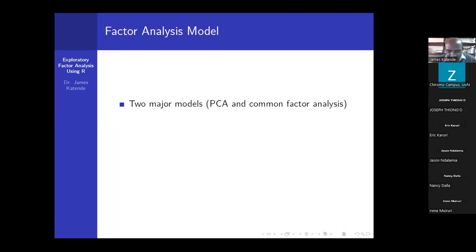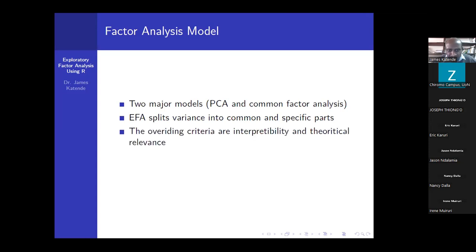So we also mentioned the two major models, the principal components analysis approach and the common factor analysis approach. We had already said that the EFA will split the variance into two parts, but the overriding criteria usually will be interpretability and the theoretical relevance.